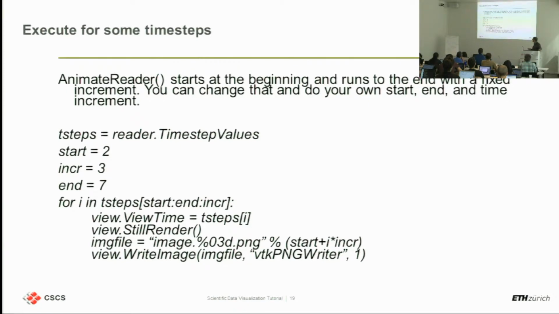If you want to modify that, get your reader, get all the time step values, and do something like this, for example. For i in time steps, with a start and increment, do this. You learned this yesterday. We change the view time, we render, and we write the image like this. Now suppose I have a movie to make with 10,000 time steps, and it would take 3 days.